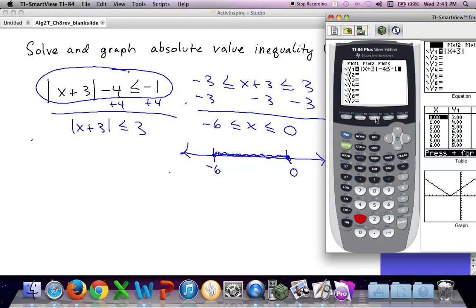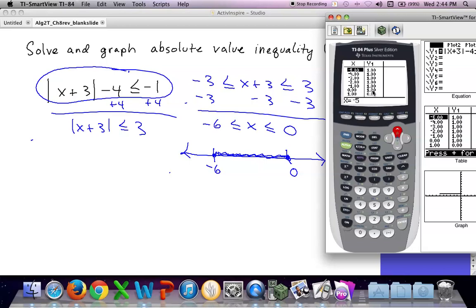Okay, now if I graph this, it's going to give me the shading on the x-axis, right? The y-axis doesn't mean anything to us now. It's just using the x-axis, and you can see the shading looks like it's going from 0 to -6. Right? And you could even look in the table of values here, and what you'll see is where the shading is, like at x equals 0, it's 1.